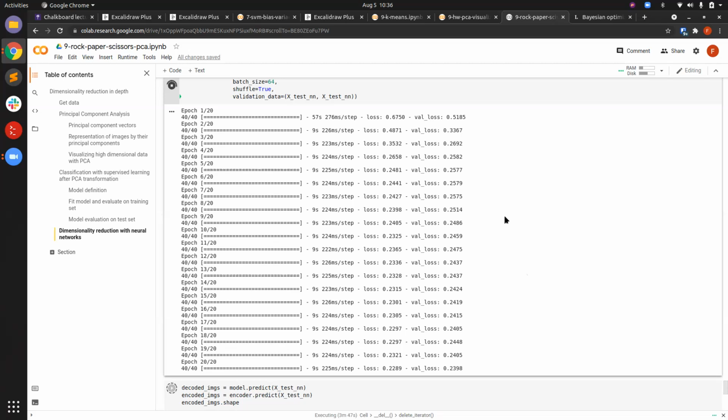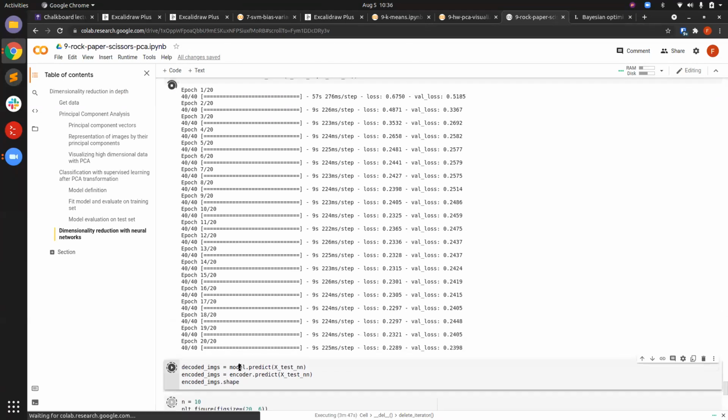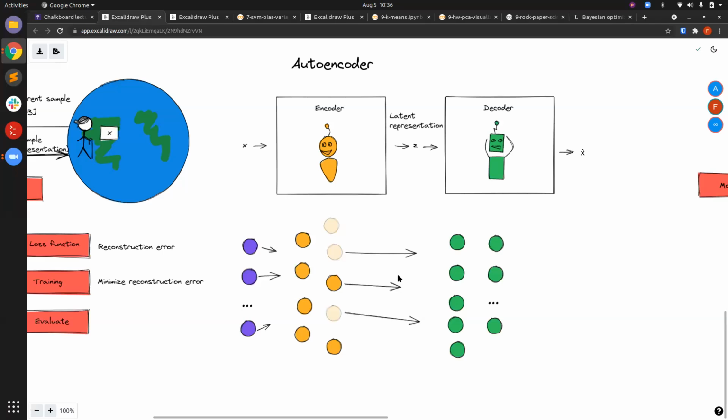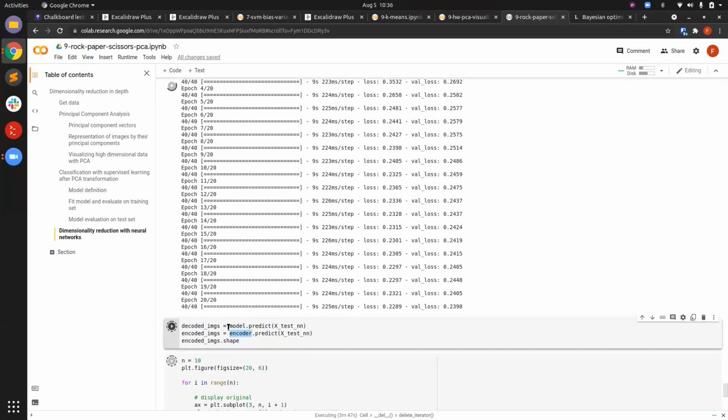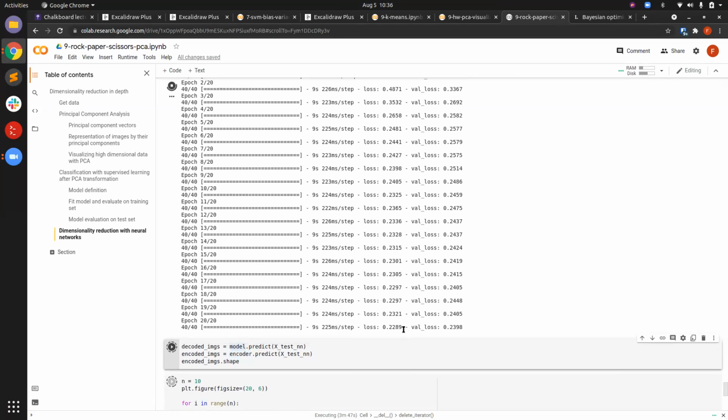Okay. So we can get the kind of decoded images, so the output of the entire model, by calling predict on the model. But we can also find out the encoded images, so that latent representation in the middle, by calling predict on just the encoder. Okay. So we're going to do that now, and it's going to tell us the encoded images shape.